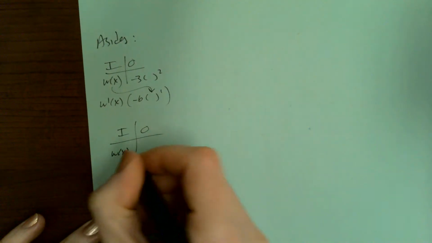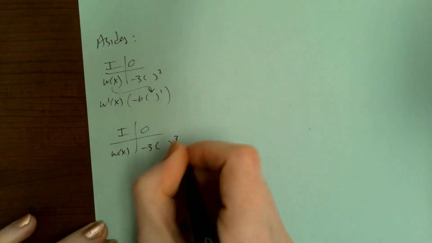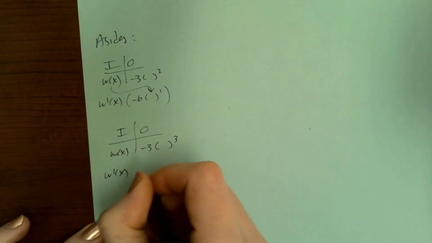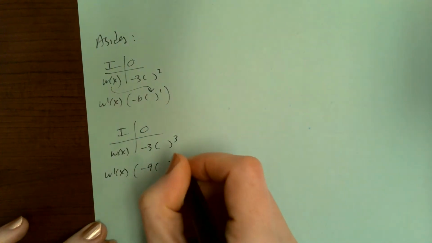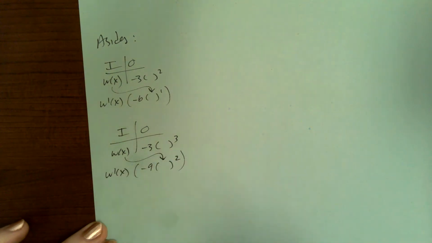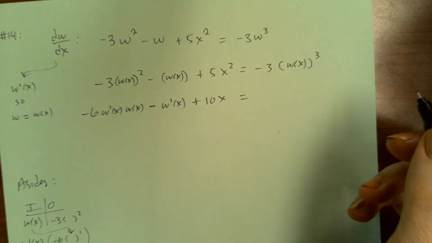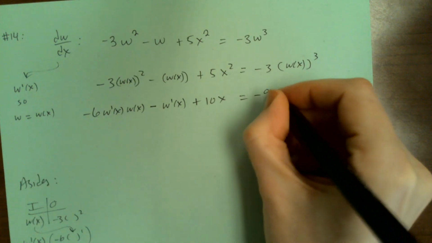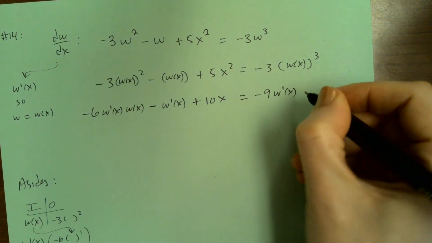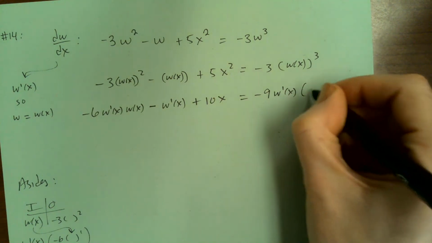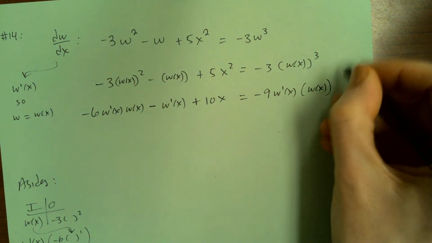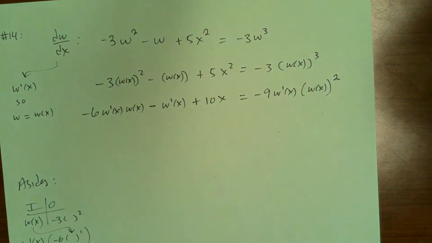So w of x is inside, negative 3 blank to the third, w prime of x, negative 9 blank squared, and then that goes back in. So this is negative 9 w prime of x, w of x squared. Okay, so we did the derivative.